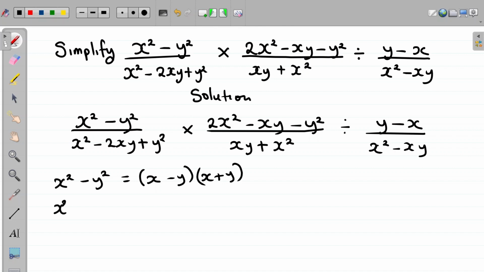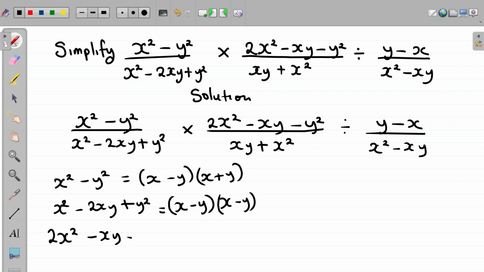Also, x squared minus 2xy plus y squared is a perfect square trinomial, and it can also be expressed as x minus y, x minus y, and 2x squared minus xy minus y squared can also be expressed as 2x plus y, x minus y.